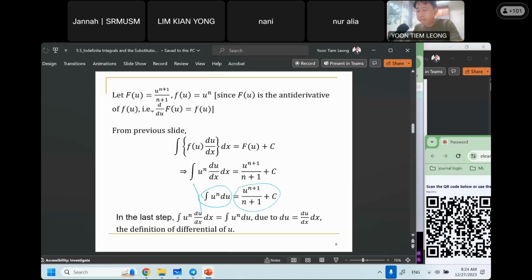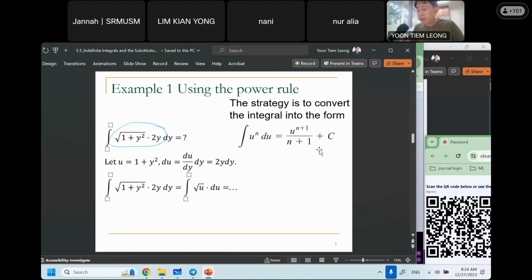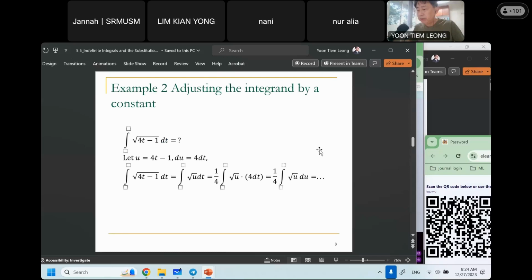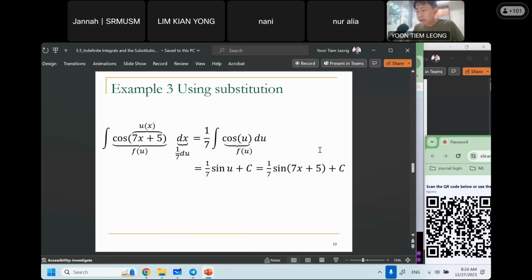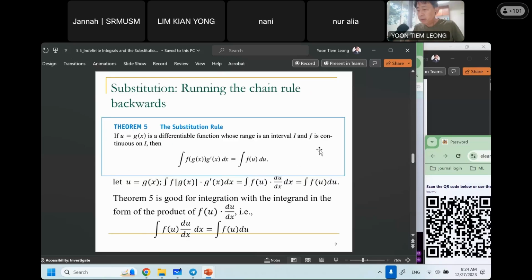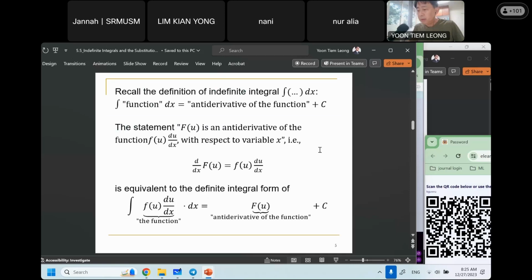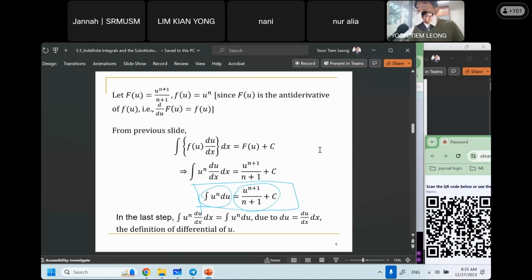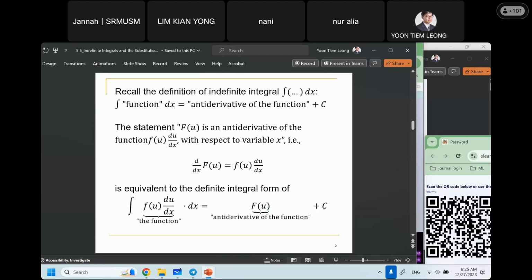Once you have this formula, you can apply it to calculate integrations of this form or this form. So how do you obtain this power rule? The derivation of this formula can be followed in these two slides.